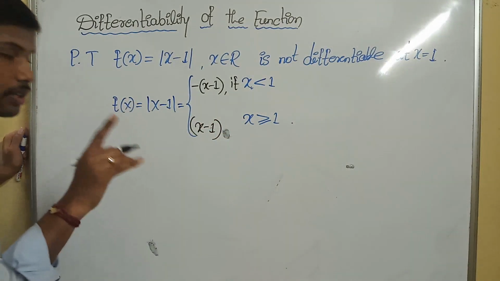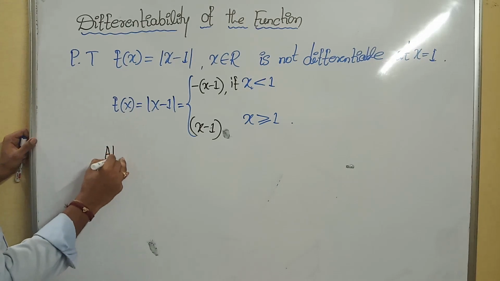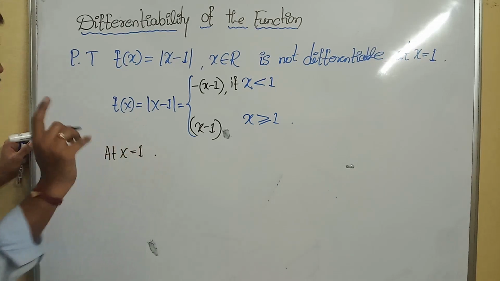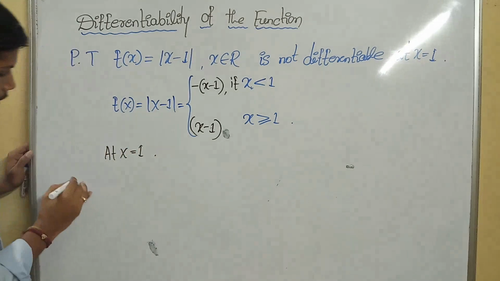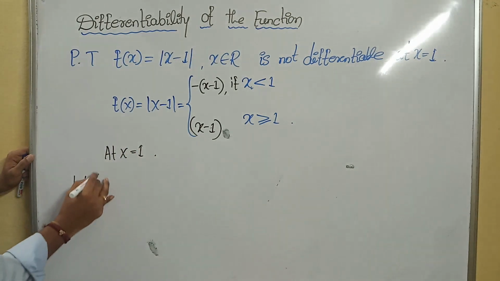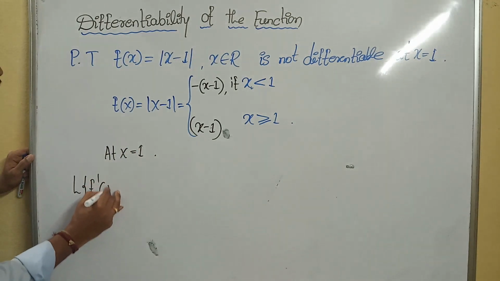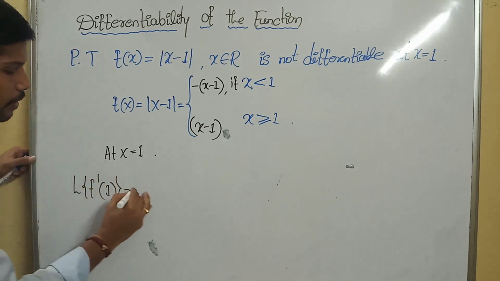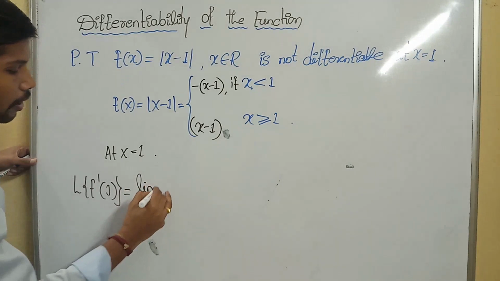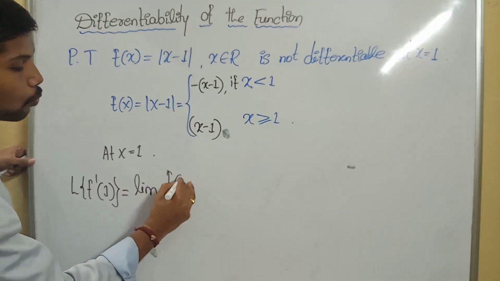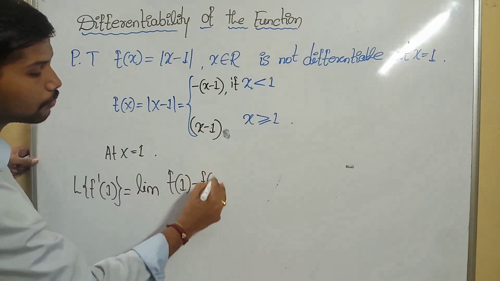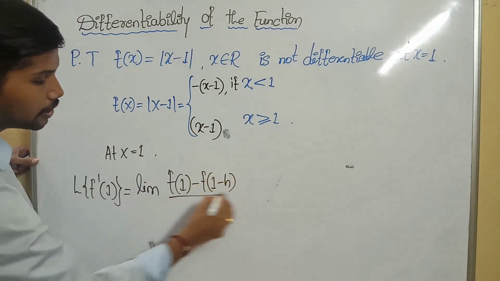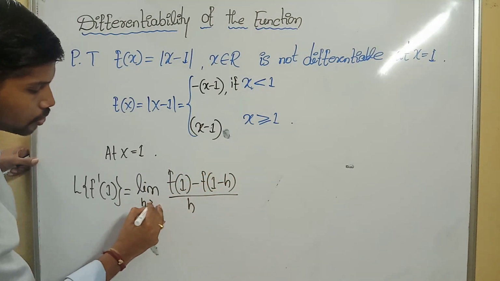Now I need to check the differentiability at x equal to 1. First of all, I define the left hand derivative, L of f dash of 1. Instead of x, I write 1. Concentrate: limit of f of 1 minus f of 1 minus h, divided by h, as h tends to 0.